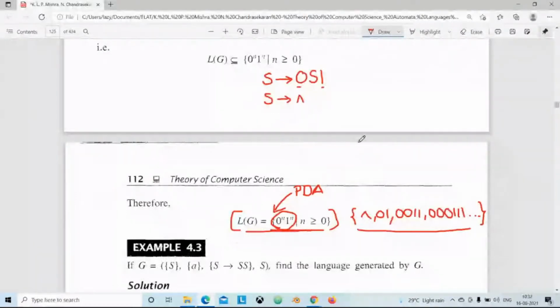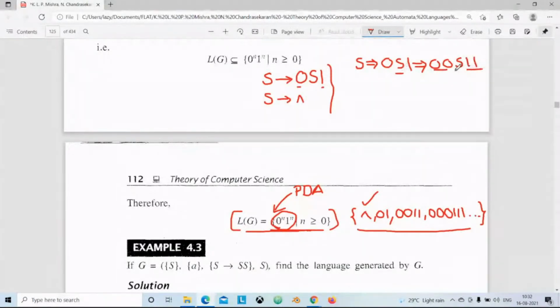Let us take a few examples. S tends to empty is part of the language. Another possibility: we start from here. S implies 0 S 1, and then we replace this S again by 0 S 1. You will be able to see how nicely it generates an equal number of zeros and ones on both sides.